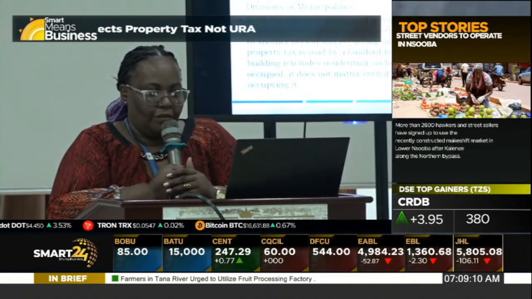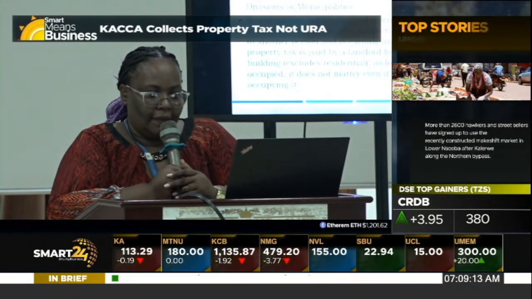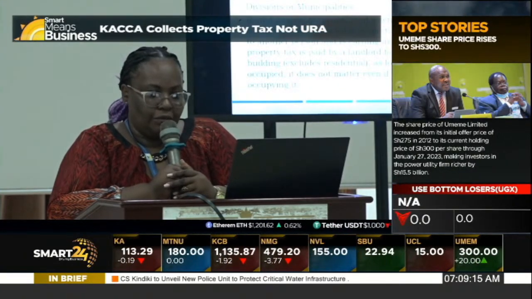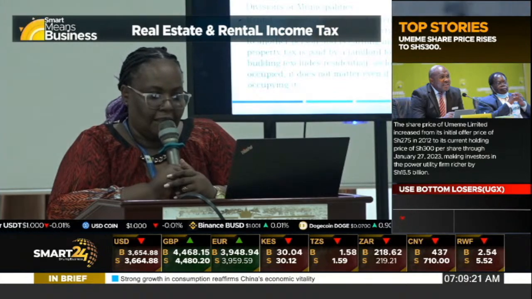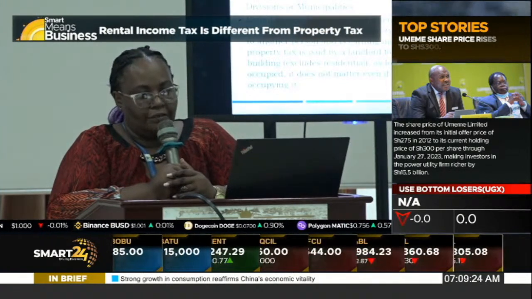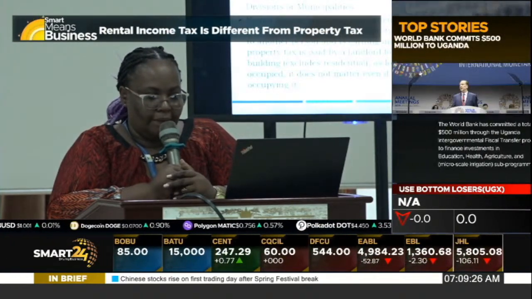So that is why I have those definitions. Rental income tax is paid to URA, whereas property tax is paid to local government. In Kampala, it's KCCA. Outside Kampala, divisions and municipal councils.